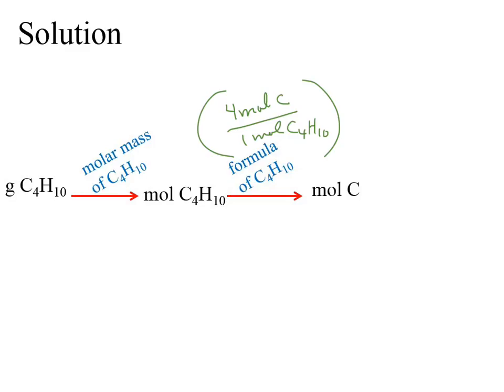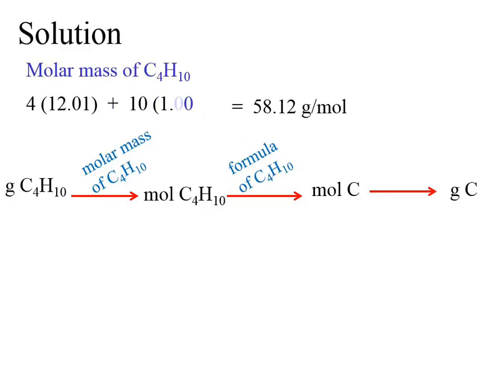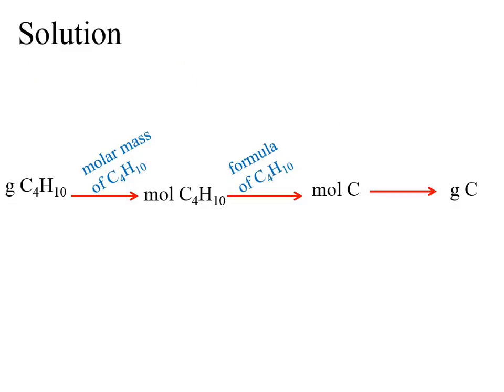And then we can't stop with moles of carbon, we need mass. So to go to grams, we're going to use the molar mass of just carbon off the periodic table. If you look at the periodic table, the decimal number for carbon is 12.01 grams. So 12.01 grams of carbon per 1 mole of carbon. And that's going to be our last term.